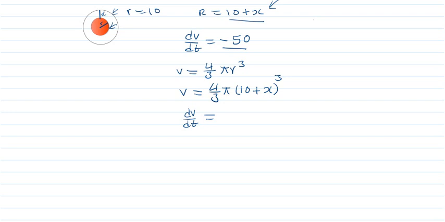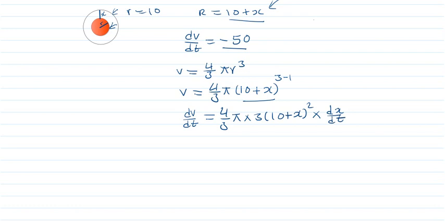Then for the differentiation of this part, we use the chain rule, where we drop the power, so it will be multiplied by 3, open (10 plus x), then you subtract 1, and we are going to have a 2. Then we multiply it by the differentiation of the inside function. Differentiation of 10 is 0. Differentiation of x with respect to time gives us dx/dt.